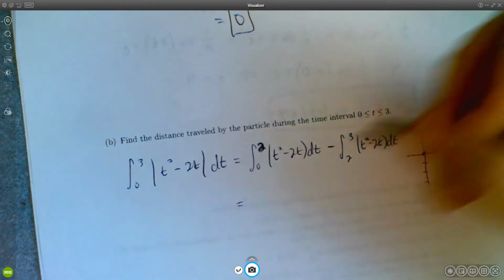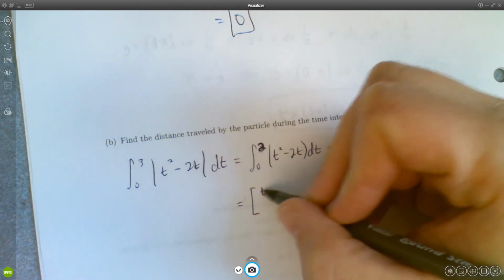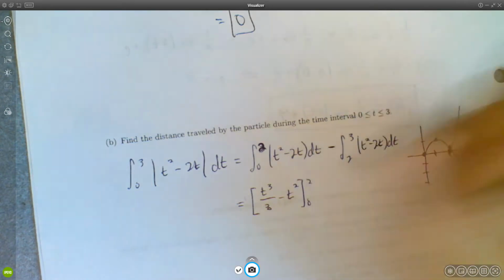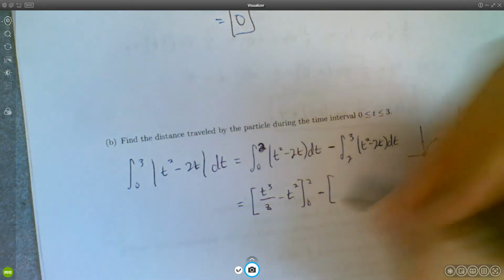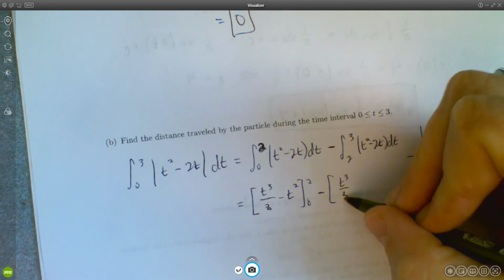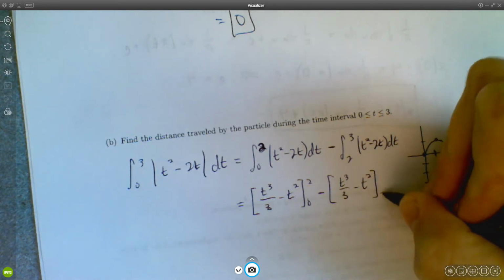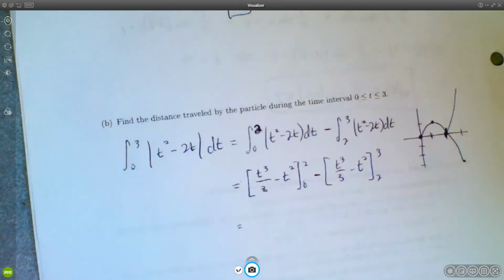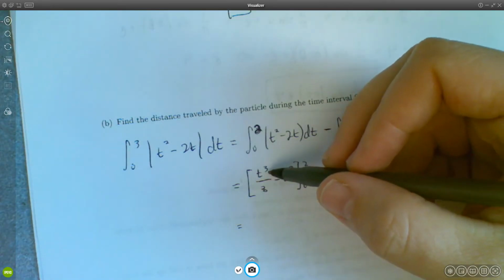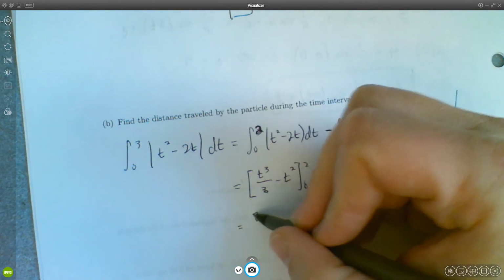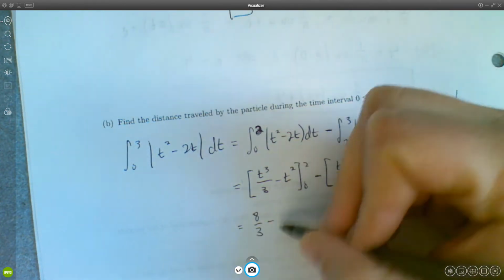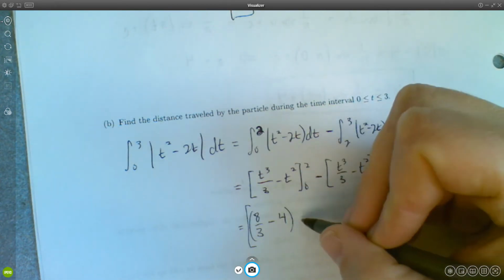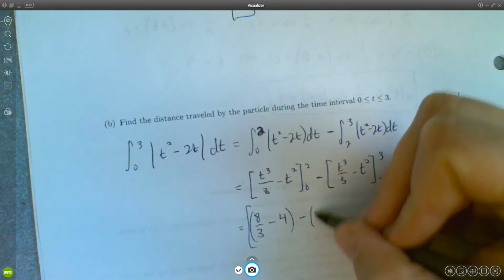So we've already done the integration, right? So we know that it's t cubed over 3 minus t squared from 0 to 2, and then we're going to go minus t cubed over 3 minus t squared from 2 to 3. And let's see what we get. So if I plug in 2, I get 8 thirds minus 4, minus, if I plug in 0, I get 0 minus 0.